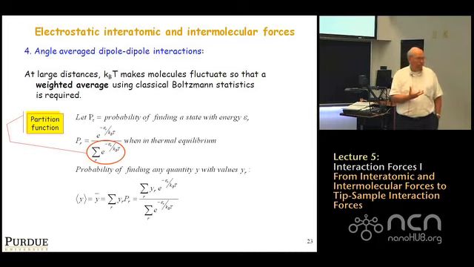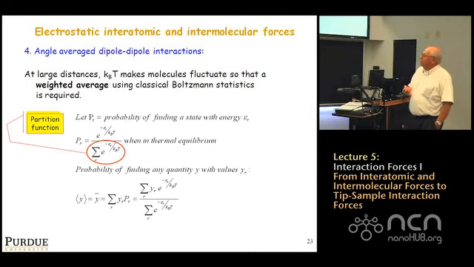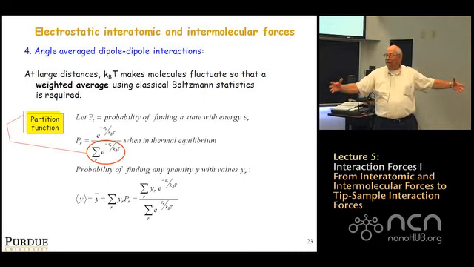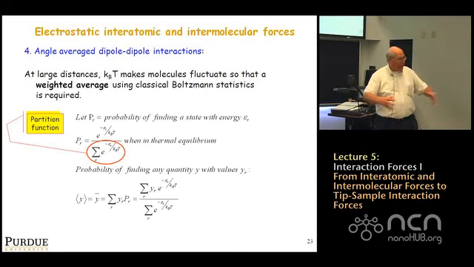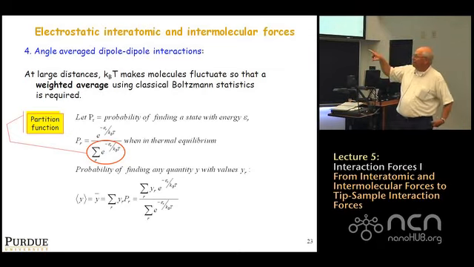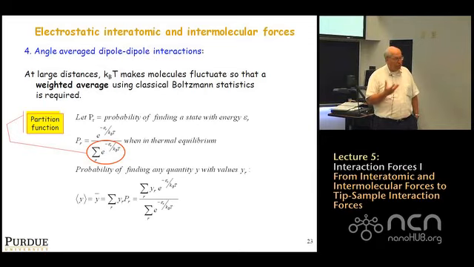That's called the Boltzmann factor. Then I have to divide that by the sum of the Boltzmann factors for all the possible energy states the system can access, where the parameter r spans all those energies. If the system is in thermal equilibrium, that ratio tells me the probability that the state with energy epsilon r will be observed.